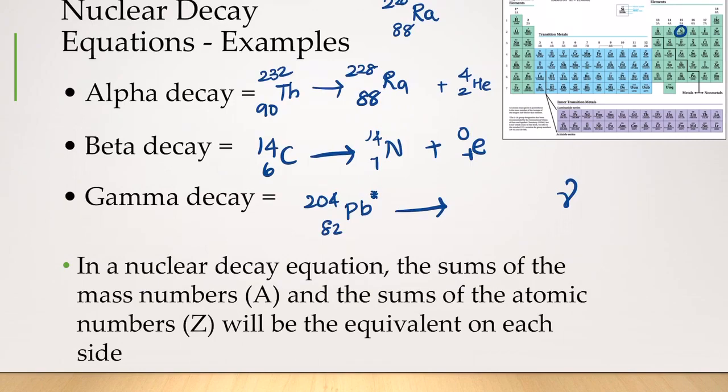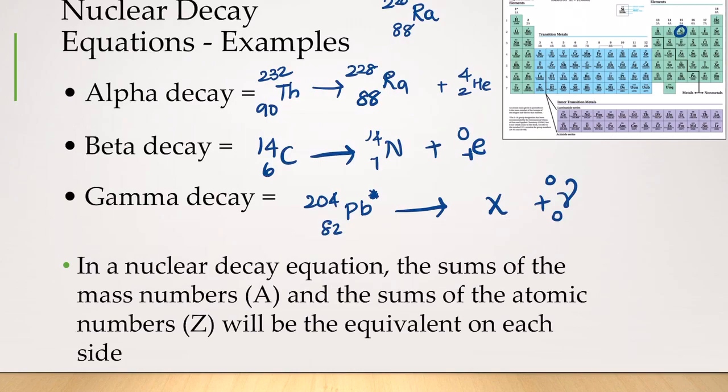So here is the gamma radiation. The meaning for this asterisk symbol right here is to symbolize an atom which is going to have higher energy. So during this process, there is going to be gamma radiation that is emitted. Remember, gamma radiation doesn't have any charge and doesn't have any mass, so it's going to be 0 and 0.